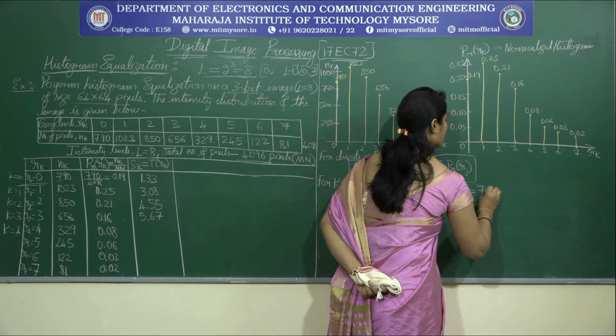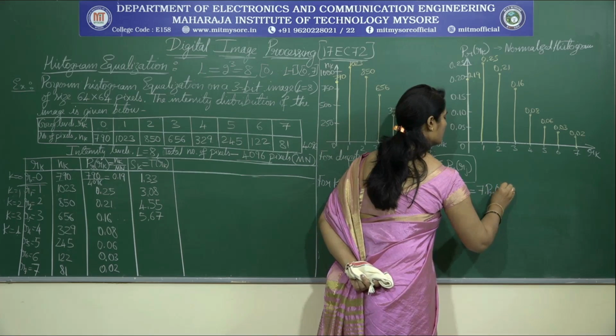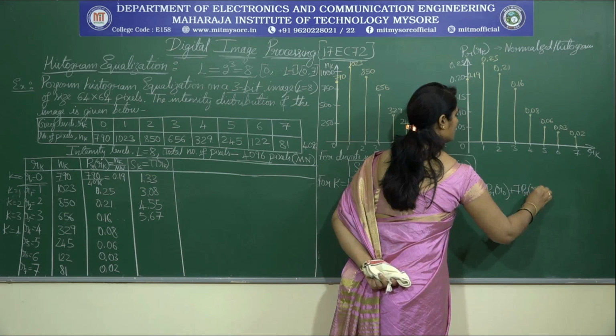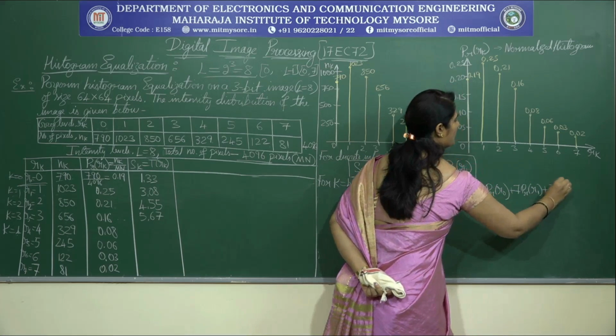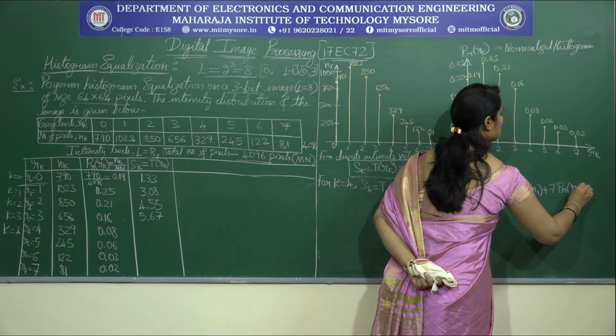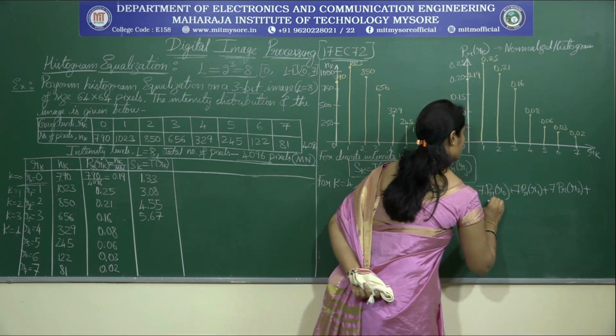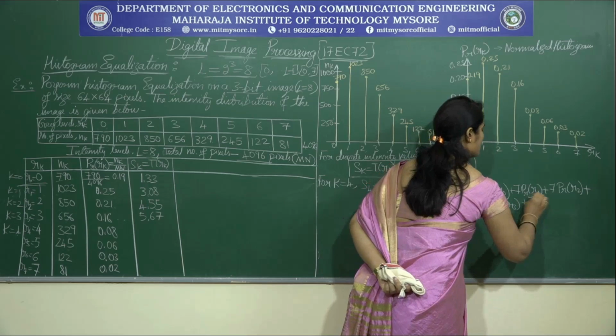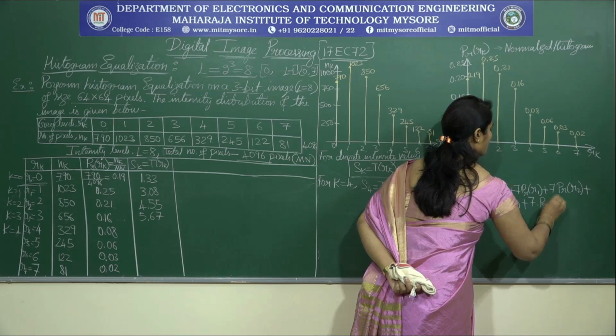This is equal to 7 into PR of R0 plus 7 into PR of R1 plus 7 into PR of R2 plus 7 into PR of R3 plus 7 into PR of R4.